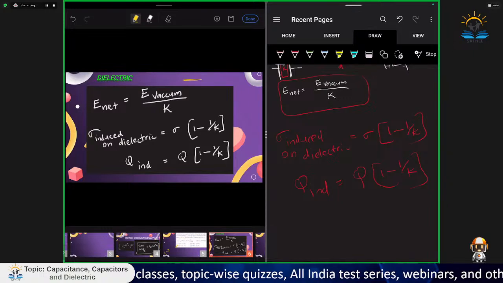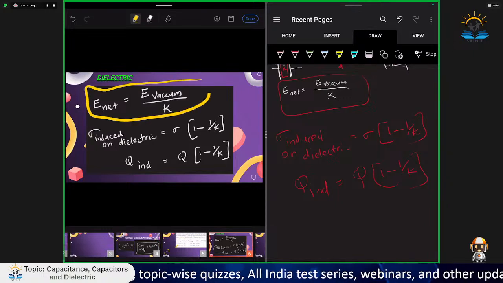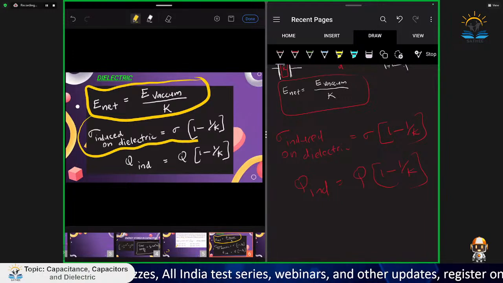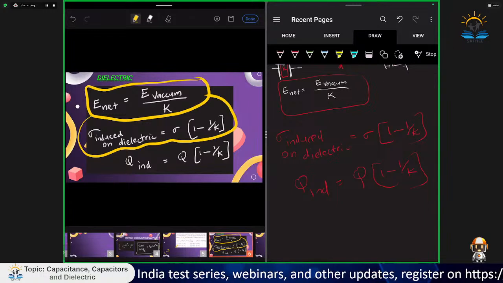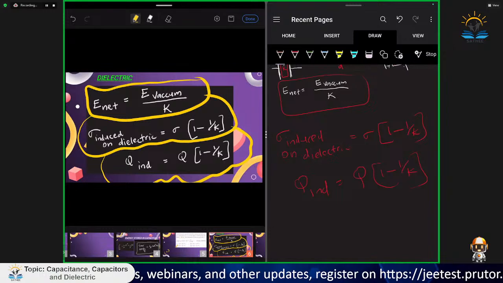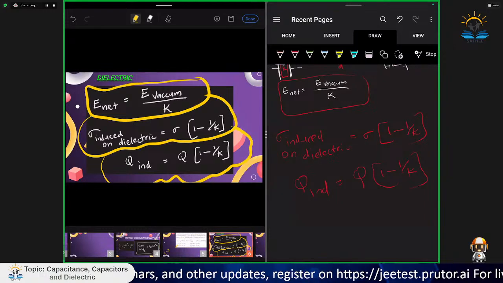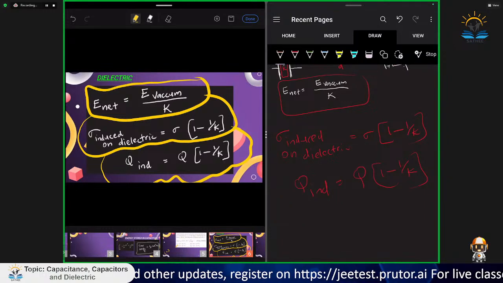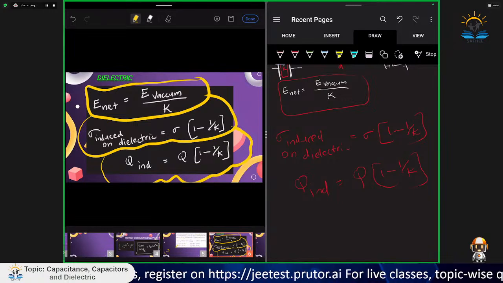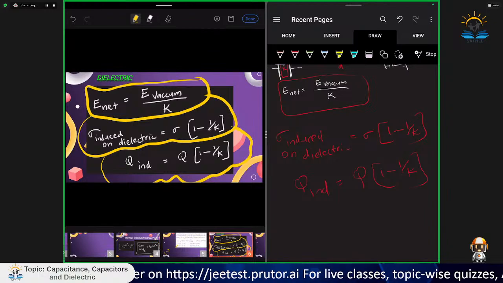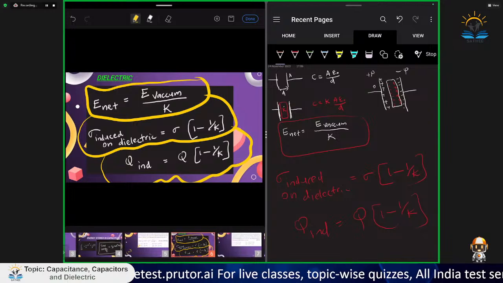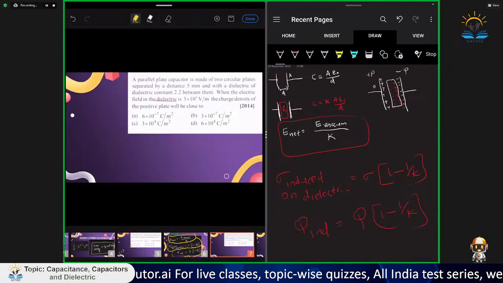So E net is equal to E vacuum divided by K, surface charge density induced is sigma into 1 minus 1 by K, and the charge induced is equal to Q into 1 minus 1 by K, if I place a dielectric having dielectric constant K in between the plates. Easy. Let's get into our question.